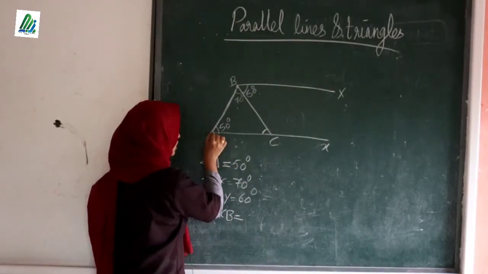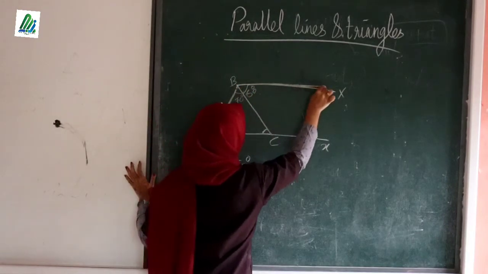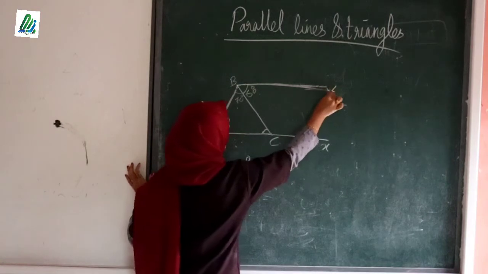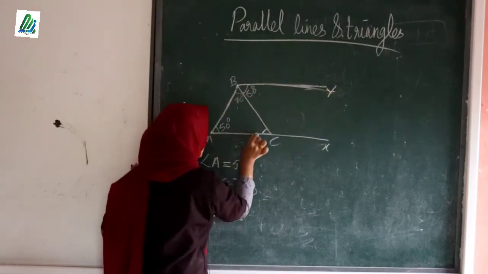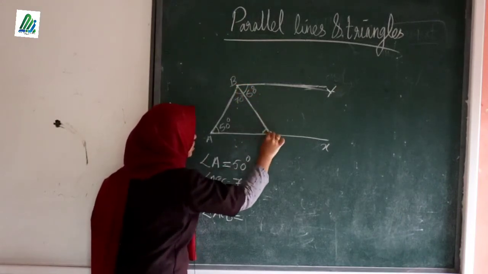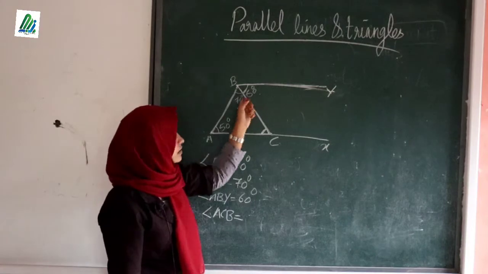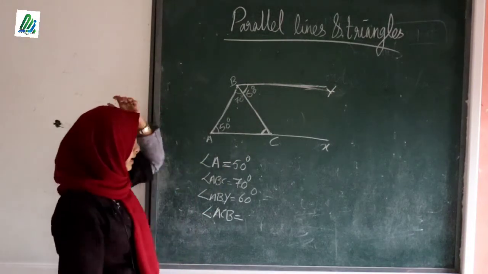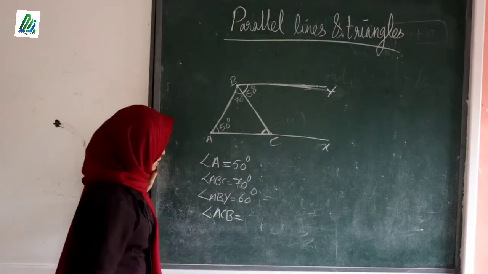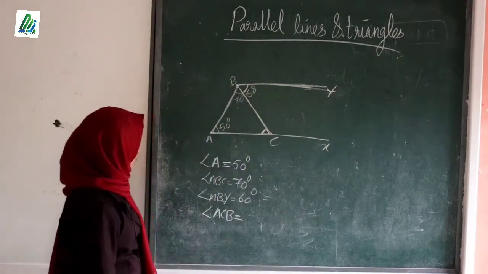So here look at the lines AC and BY. Here AC and BY are the parallel lines and the line BC cuts across them. So these are the angles. What is the name of these angles? These are the alternate angles, which means ACB and CBY are the alternate angles.